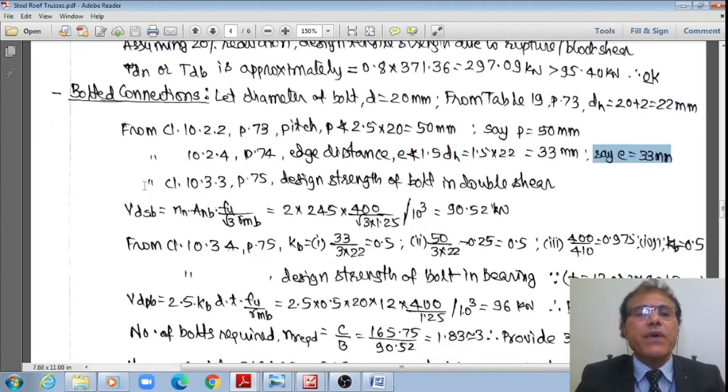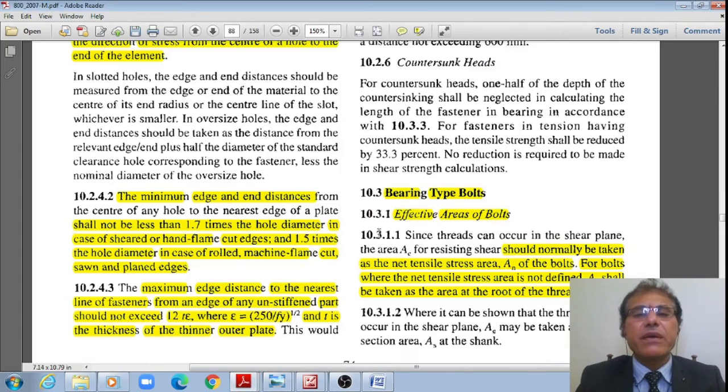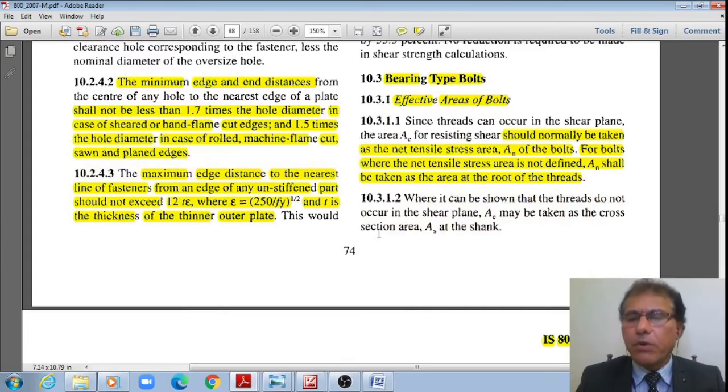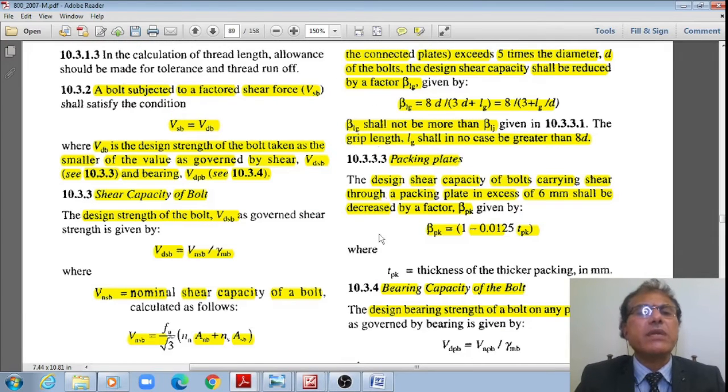Now let me go to clause 10.3.3, page number 75, the bearing type bolts. I am using the bearing type bolts, right?